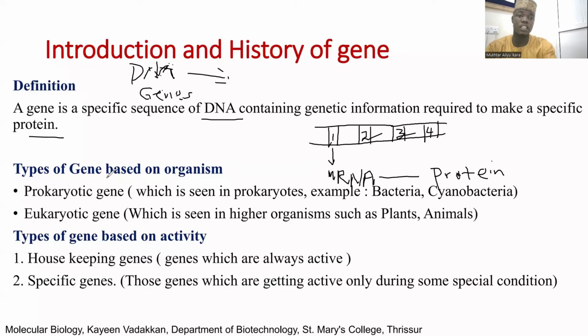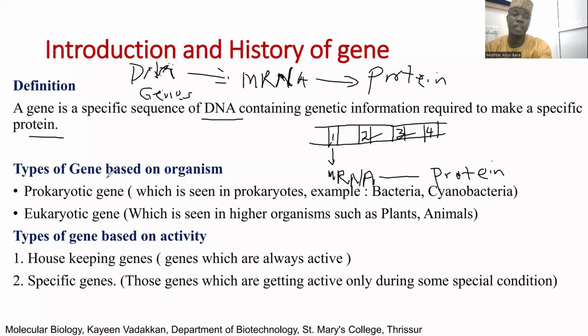And these genes have the ability to produce a different messenger RNA. So each gene can produce a specific messenger RNA, and each of these messenger RNA can produce a functional protein.